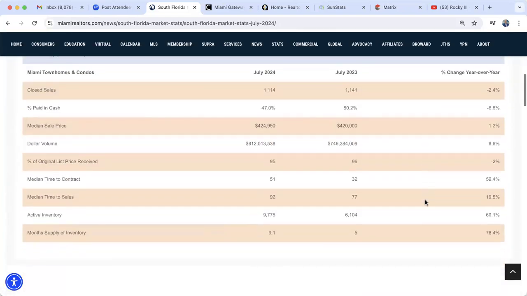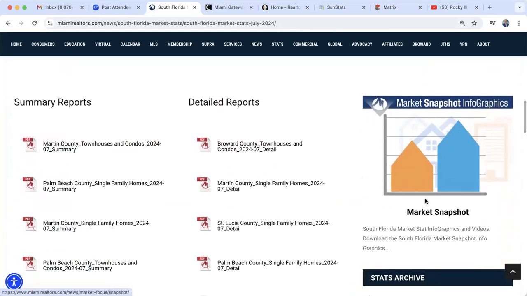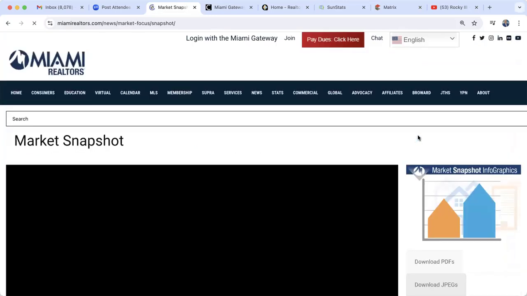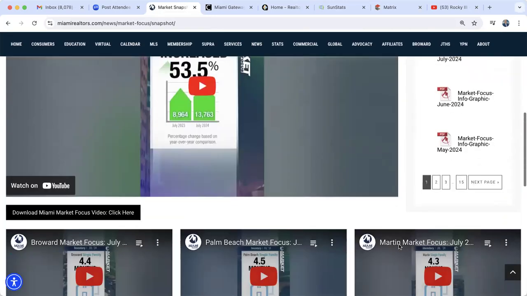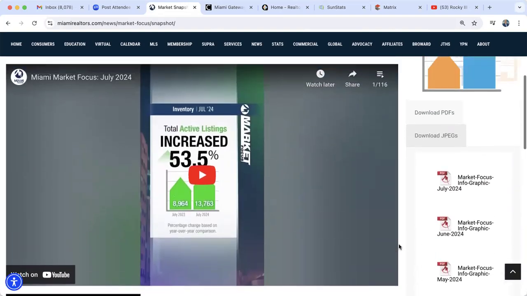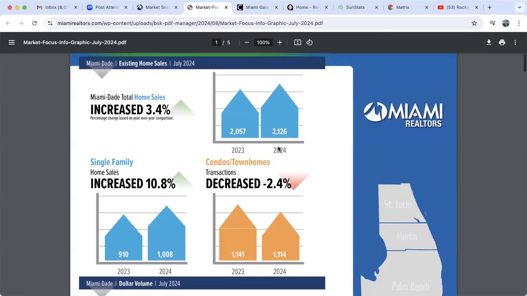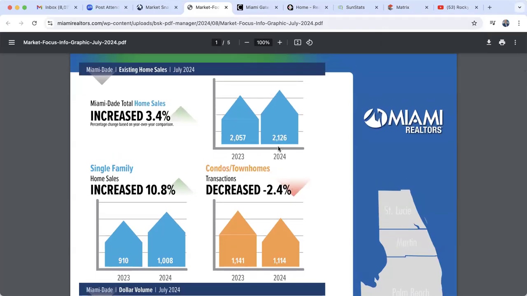I want to show you right quick something very interesting for those of us that like social media content. There is a section here on the right-hand side called Market Snapshot Infographics. All right, if you click there, you're going to see infographics that are available. So these little infographics, you click on it, and this is something that you guys can use. So this is Miami-Dade County existing home sales, July 2024.